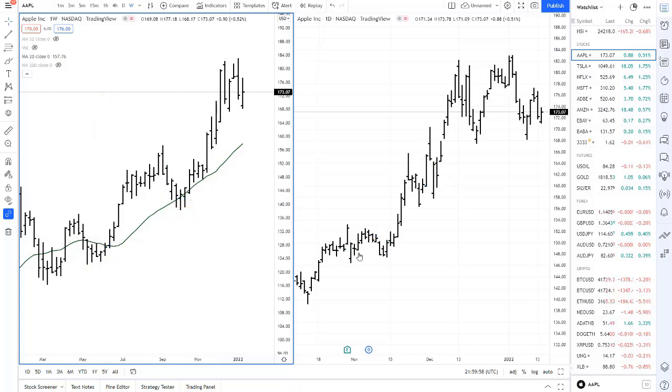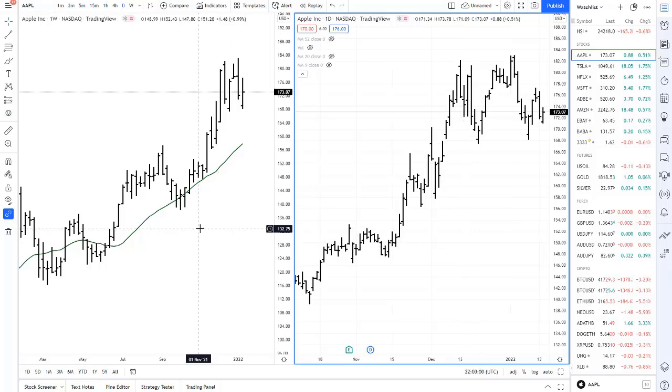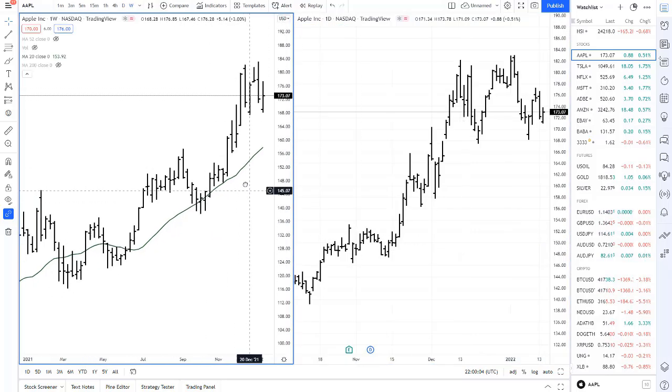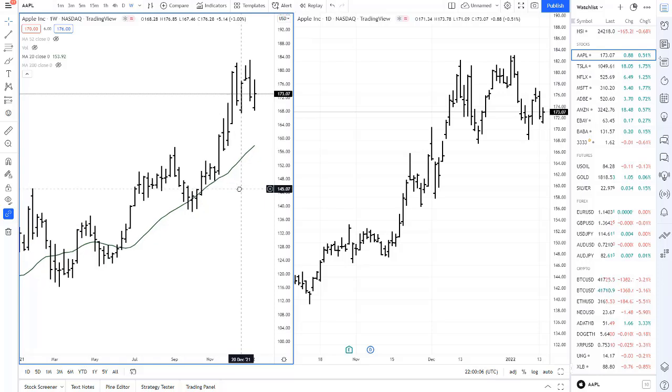Now, the next thing you want to be looking at is where the stock is in regard to the moving average. I'm looking at the weekly chart to the left over here, and you've got to ask yourself, where is the stock in relation to the moving average? Because the moving average is like a magnet to the markets. If it gets too far away, it comes back to that moving average.